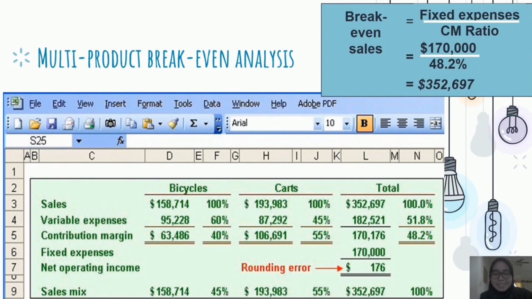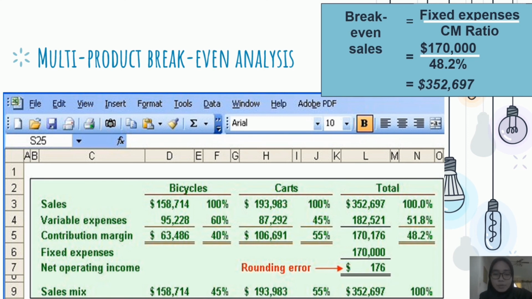Okay, here this is the formula of break-even sales equals fixed expenses divided by contribution margin ratio. This is only a simple calculation and you will get break-even sales of $352,697. After that, you need to allocate the total break-even sales revenue for the two products. 45% of the total is assigned to the bicycle and 55% to the cart.